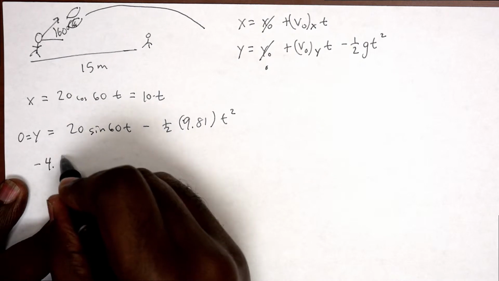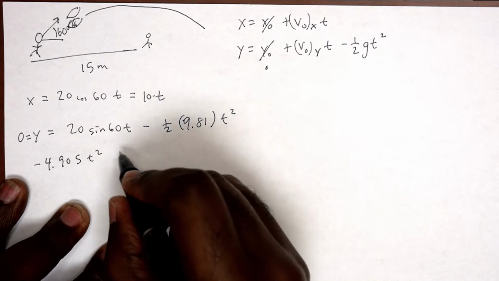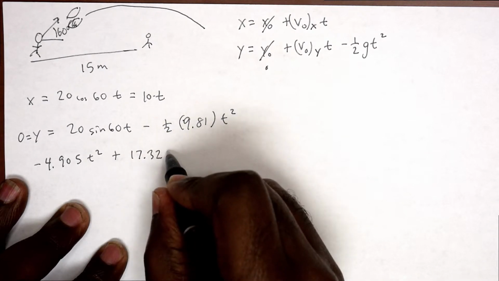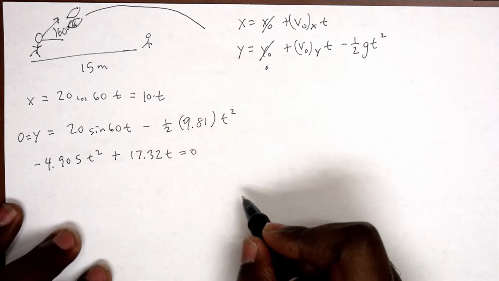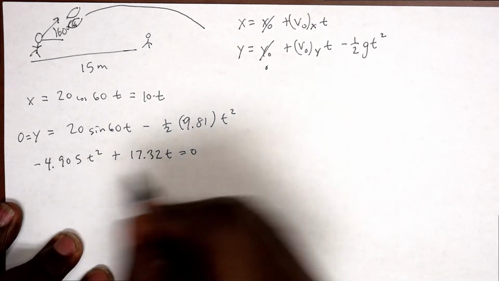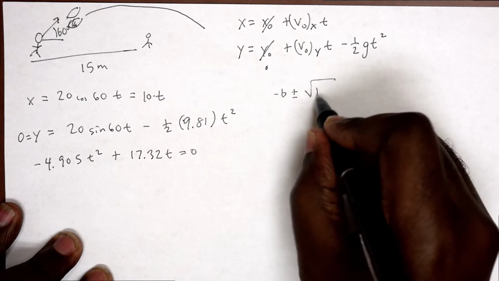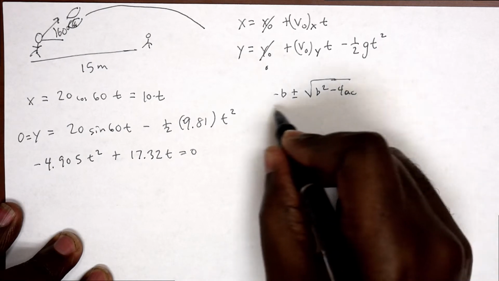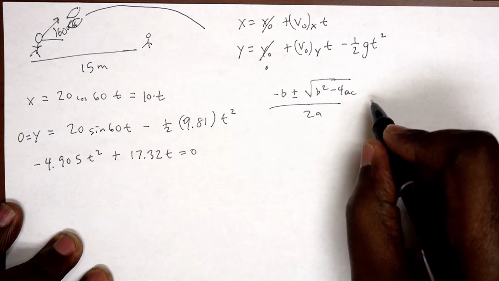So if we wrote out the quadratic equation, we would have negative 4.905 t squared, and that's working all the math out, plus 17.32 t equals 0. And so if you use your quadratic equation that we're very familiar with, which is negative b plus or minus the square root of b squared minus 4ac over the quantity 2a, then we can solve that quadratic equation.